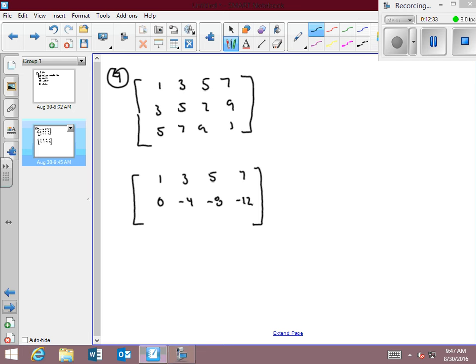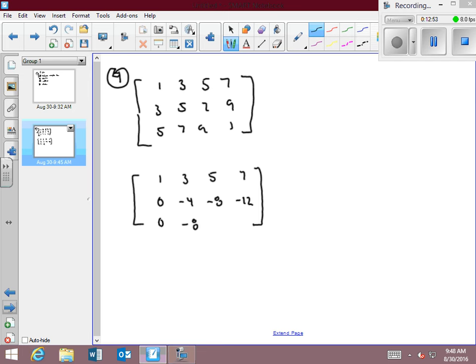And I'm going to do the next row down because I can do it at the same time, right? So I'm going to do minus 5 times the top row and bring it down. That'll make this one 0. Minus 5 times 3 is minus 15, plus 7 is a minus 8.